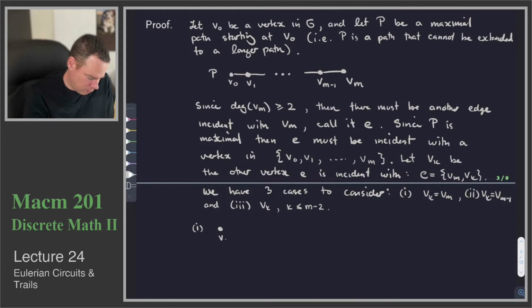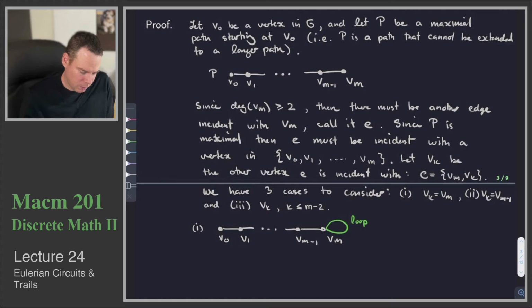So the first case is we've got Vm minus 1 and then Vm, and now we can draw this edge E in. E's a loop, because our edge E is Vm to Vk, but in this case, Vk is just Vm. So in other words, it starts and it ends at the same spot. So this gives us a cycle of length 1.